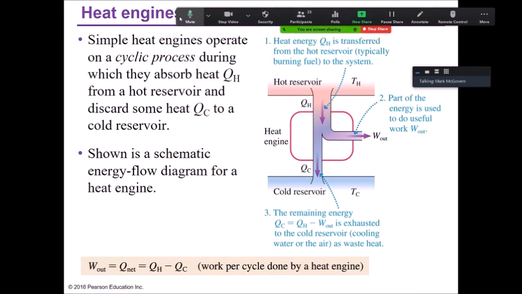In a standard cyclic process for a heat engine, because all engines are cyclic processes, a one-cycle engine's not very useful. Engines are designed to be run repeatedly. They have a cycle associated with them. And you can always break down these engines to their fundamentals. That's really what we're doing in 211.